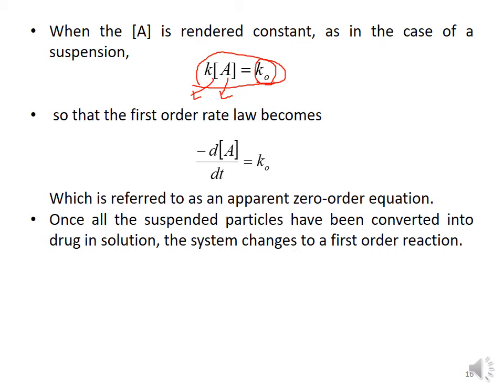The first order rate law becomes the change in concentration with time, and A equals constant, which is the apparent zero order, while the apparent zero order constant equals the first order reaction rate constant multiplied by the solubility. Once all the suspended particles have been converted into drug in solution, the system changes to a first order reaction.